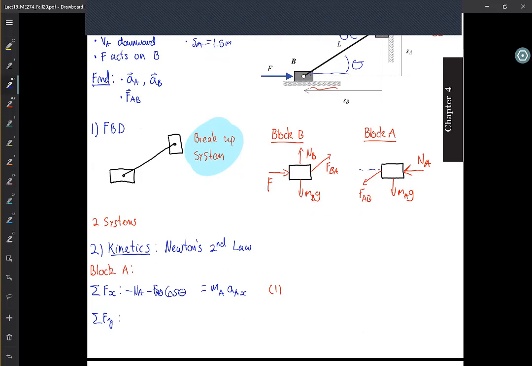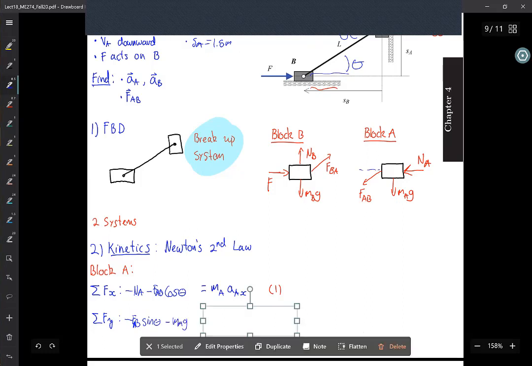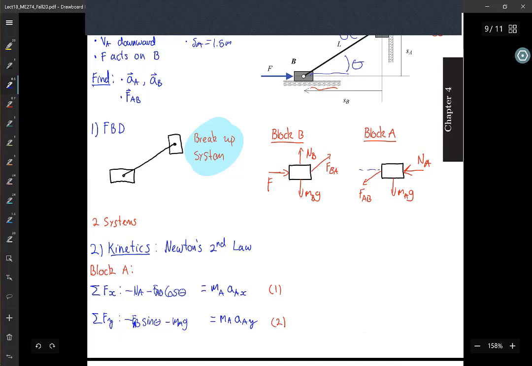And then in the y direction, we have negative F_AB sine theta, negative m_A g, equals m_A times the acceleration. So this is telling us something about F_AB already, but let's just continue. Let the equation speak.